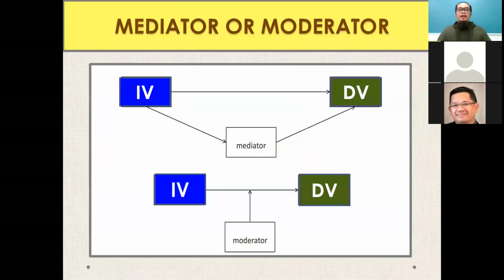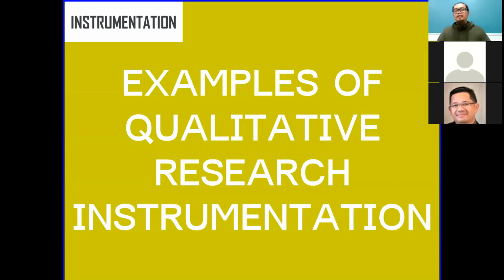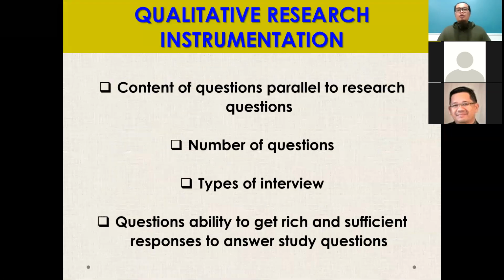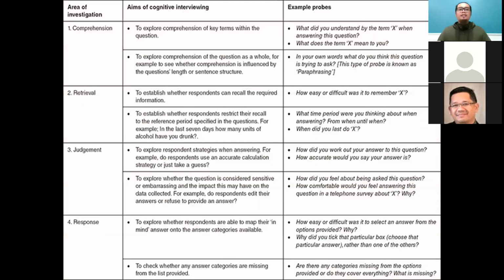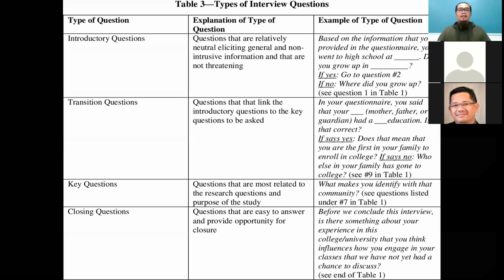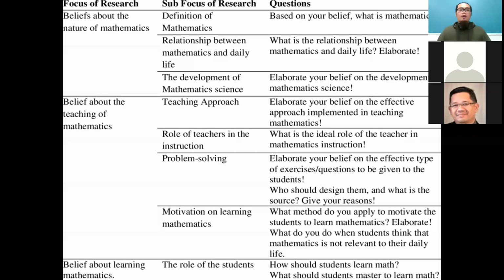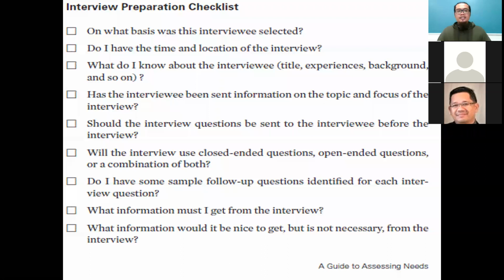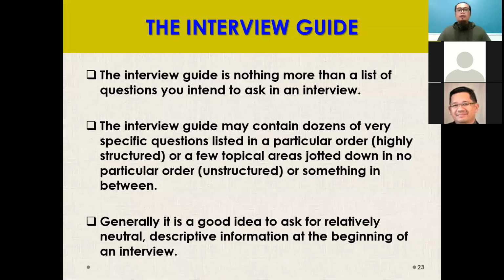Next, we covered the part on qualitative research instruments. We need to know the importance of qualitative research instrumentation. There are some examples showing the types: a guide, a focus checklist, the interview protocol, and an example of the interview guide.